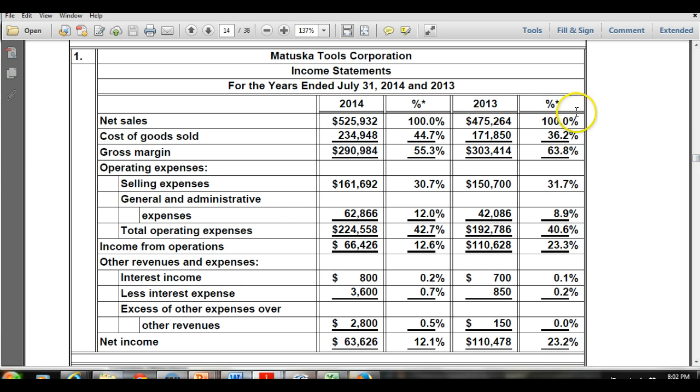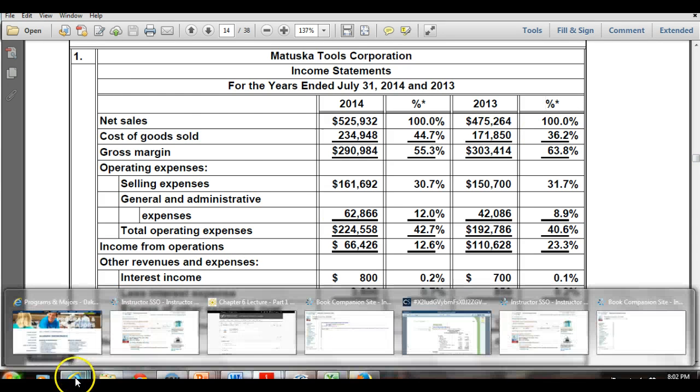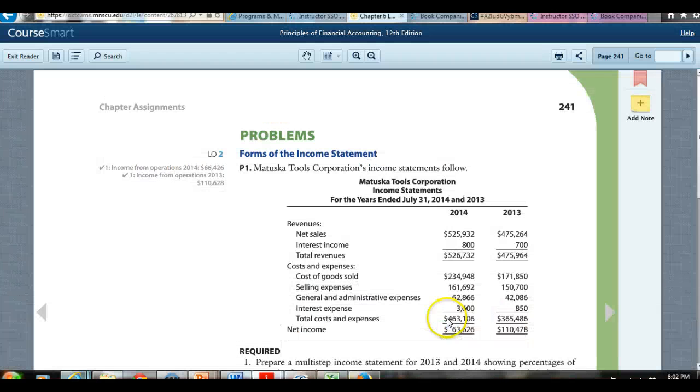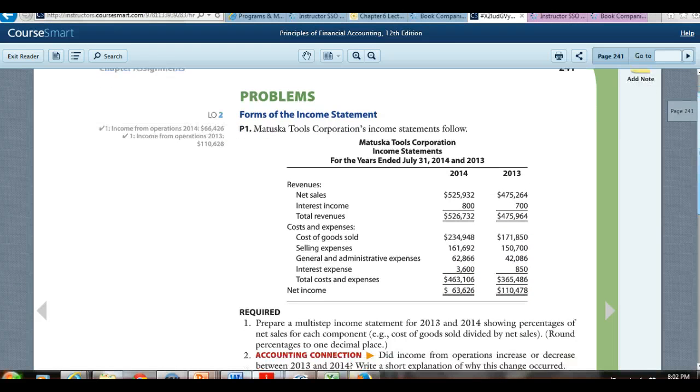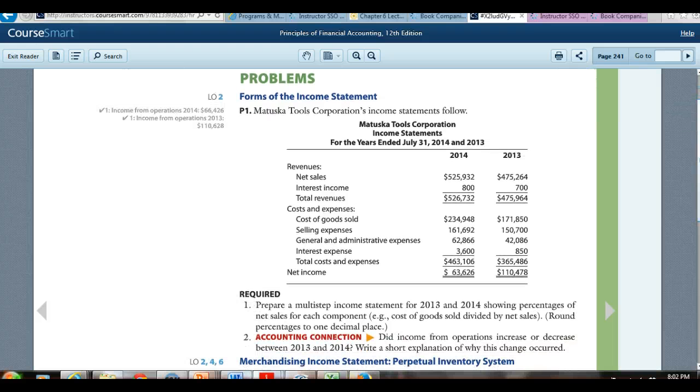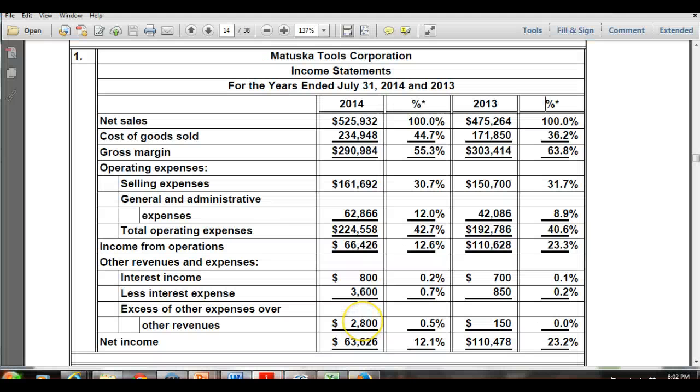Now, this exercise asks us to prepare an income statement that also shows percentages of net sales for each of the components. So as you see here, if net sales is 100%, you're going to make your net sales 100%.